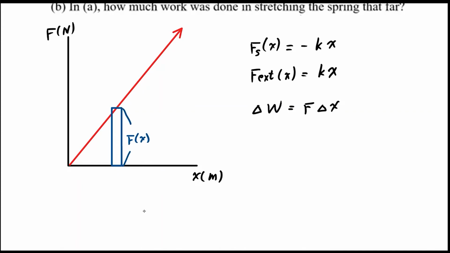External. And then this is delta x. You get it? And all we have to do is add these rectangles up from 0 to some distance. You know what I'm saying? And suppose we want to go from 0 to here, and that we'll call x. X not x, whatever.